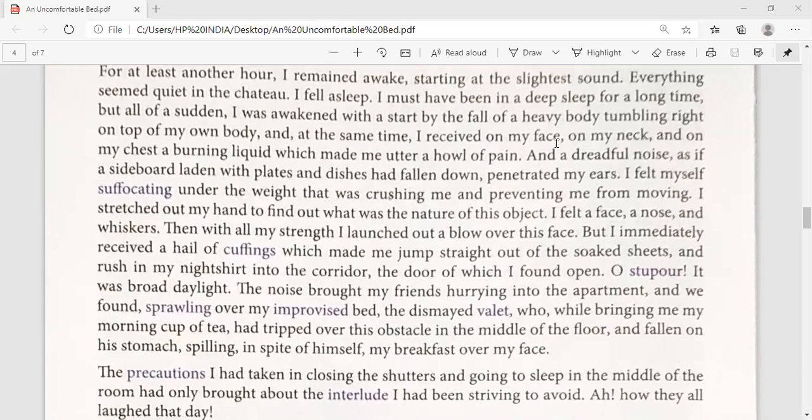"And a dreadful noise." Dreadful means dangerous noise. So he heard one dangerous noise, as if he is comparing it, as if so many plates had fallen near my ear. That kind of noise was there, that I felt so many plates fell down near my ear.